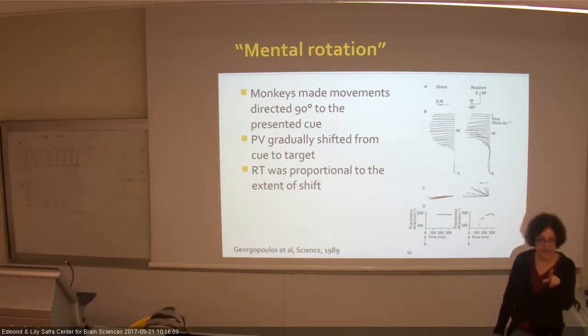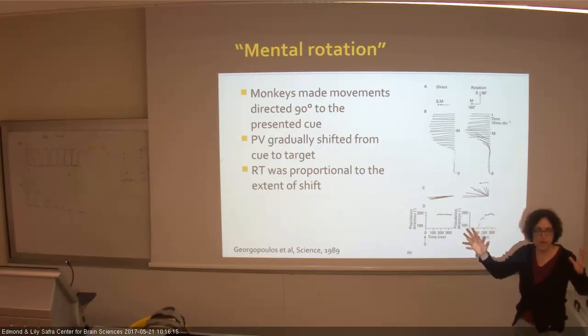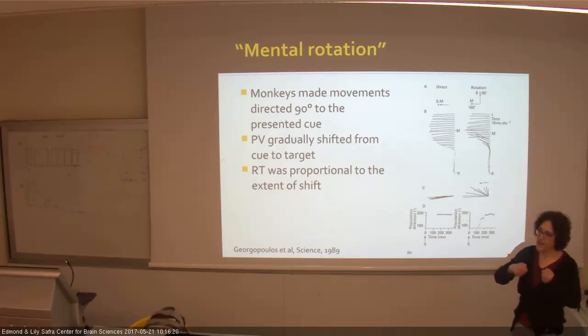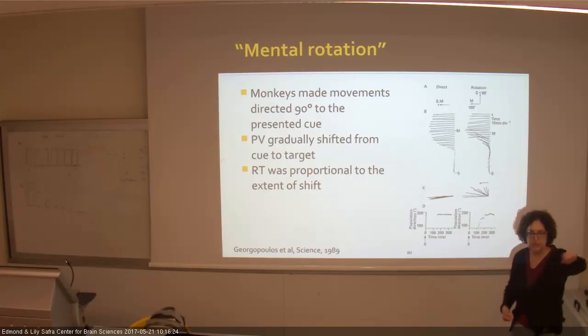It's during the delay period. So it's a mental rotation. That's how they call this property. There was a mental rotation that actually corresponded to the shift between the cue and the movement the monkey had to do in order to properly execute the task.